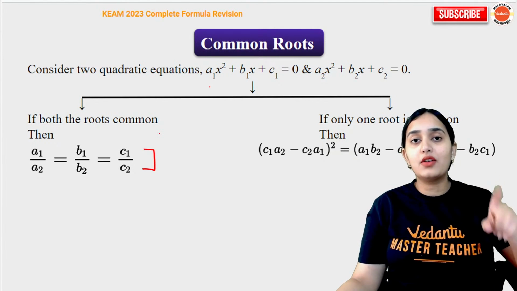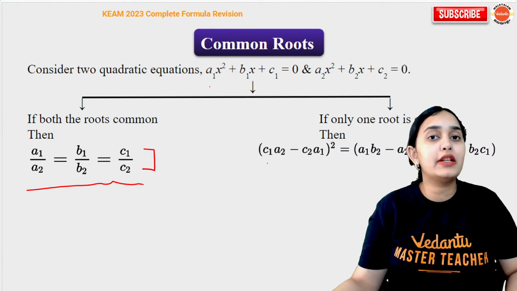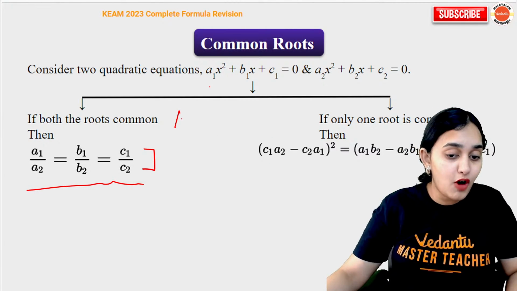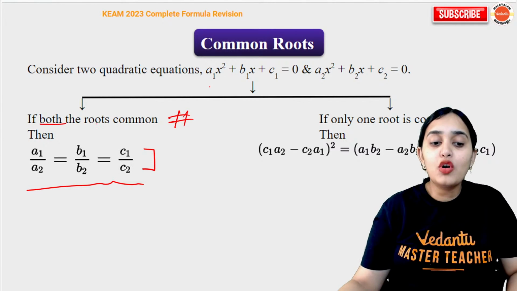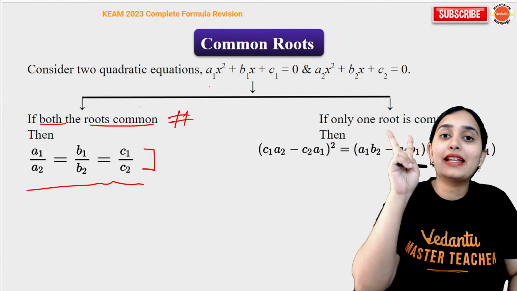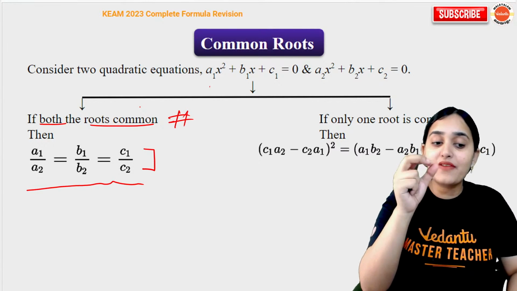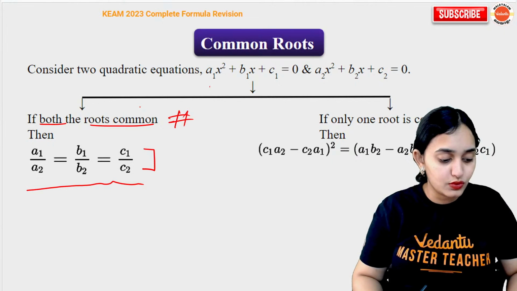Then only your roots will be the same. So a1 upon a2 will be equal to b1 upon b2 will be equal to c1 upon c2. Please remember this formula. Note it down as important: if both the roots are common for two quadratic equations, then a1 by a2 equals b1 by b2 equals c1 by c2.